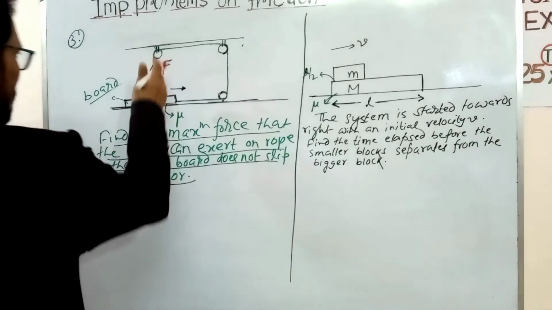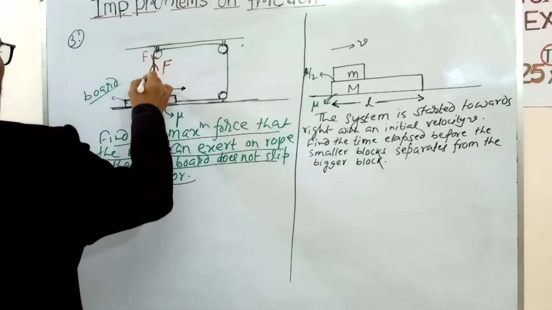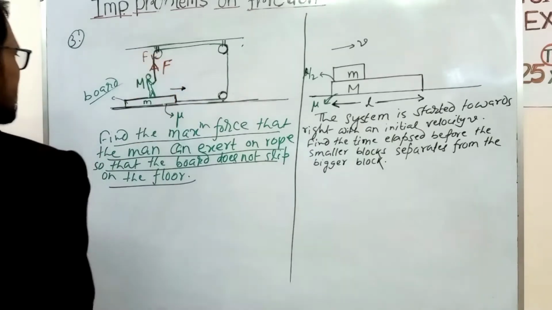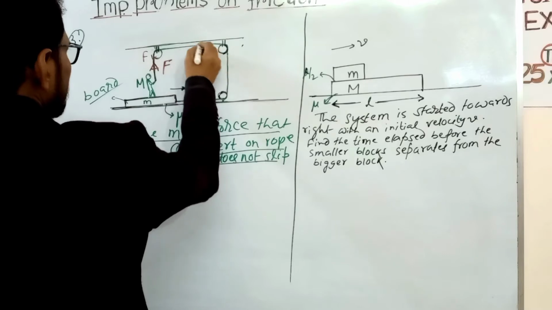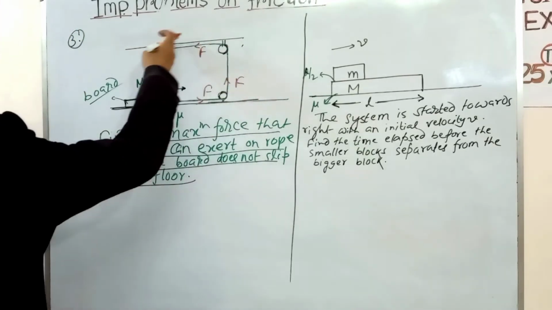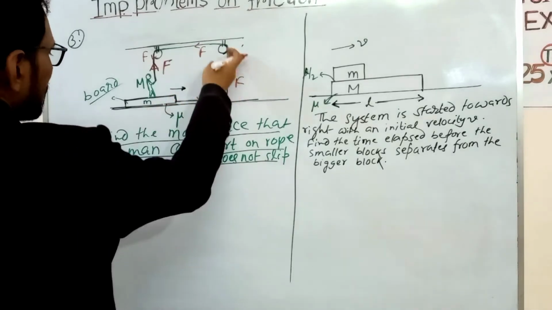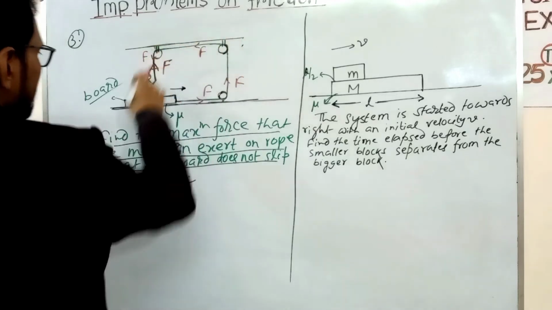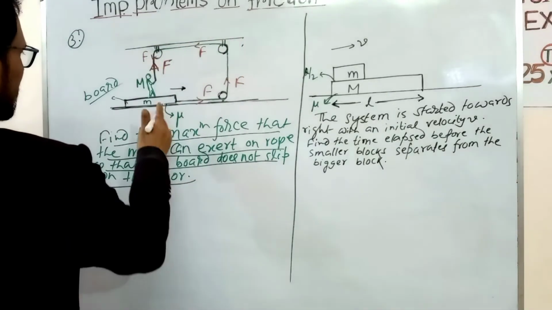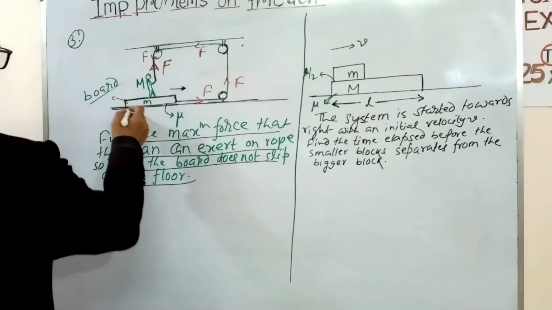The force on the man will be F in the upward direction. Reverse F, so this is the force F acting on the rope. Due to this force, the board can move in this direction, so friction prevents the slipping.